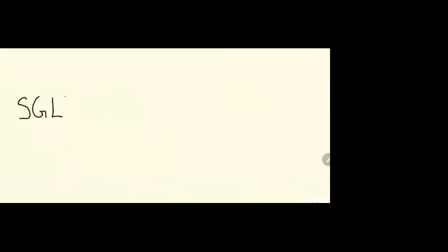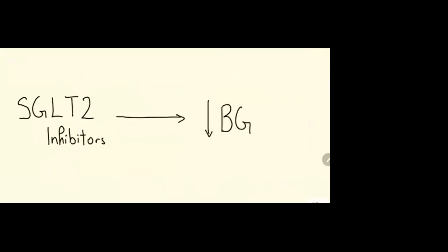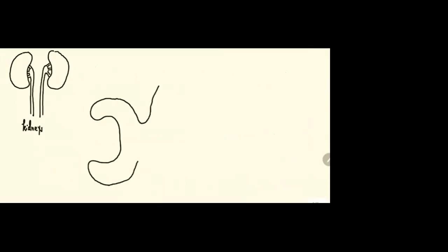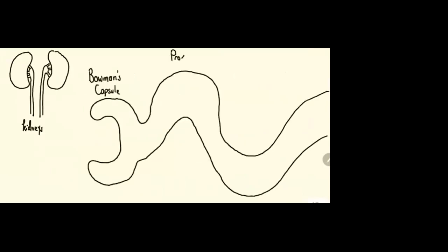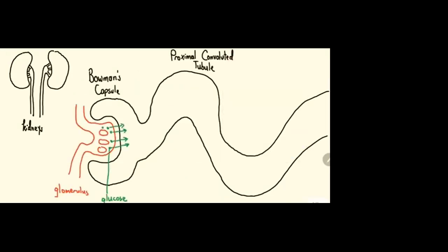So, how exactly do SGLT2 inhibitors reduce blood glucose levels? But firstly, what is SGLT2? Sodium glucose cotransporter 2 is a protein found in the nephrons of the kidney. Approximately 160 to 180 grams of glucose is filtered from the glomerulus into the Bowman's capsule in a day.